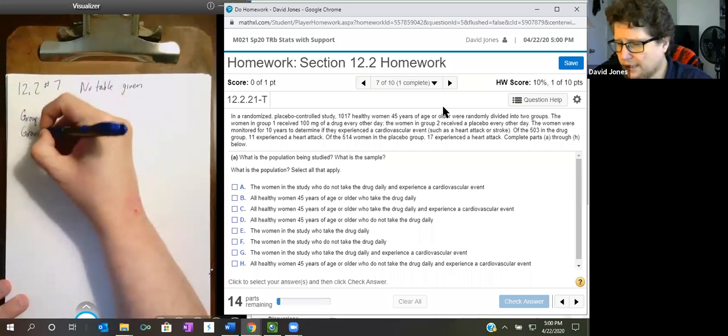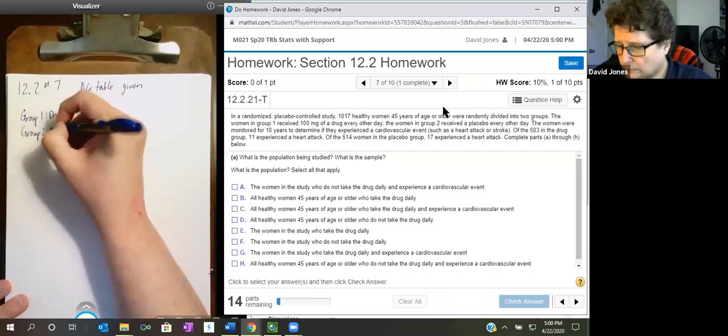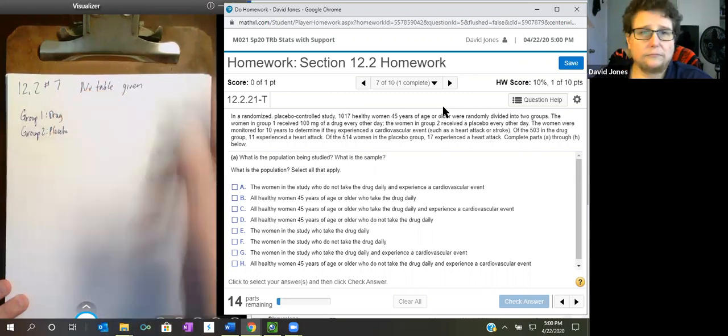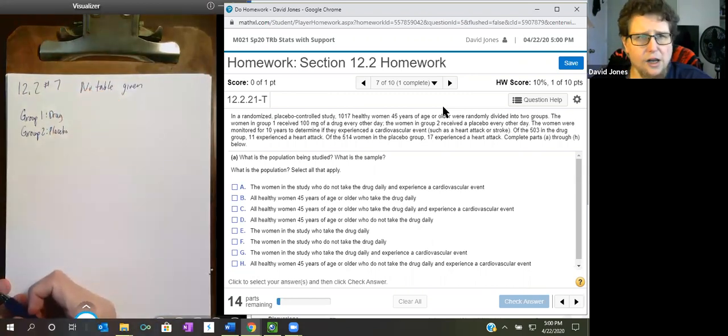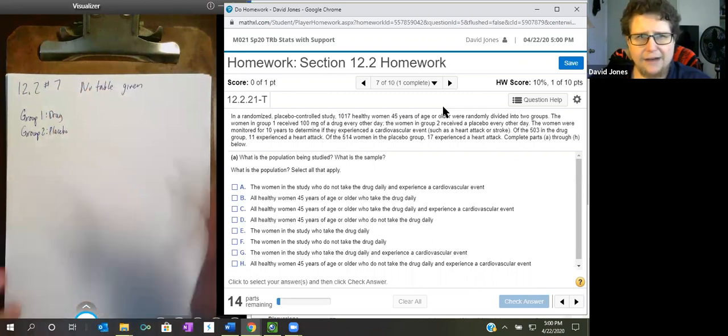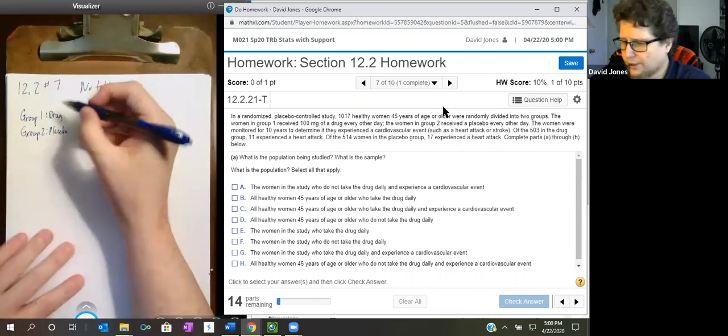Group 2 is placebo. The women were monitored for 10 years to determine if they experienced a cardiovascular event, such as a heart attack or stroke. Of the 503 in the drug group, so let's see.